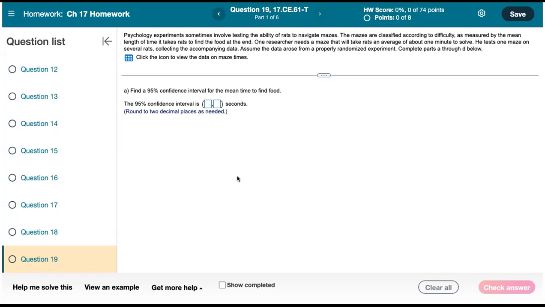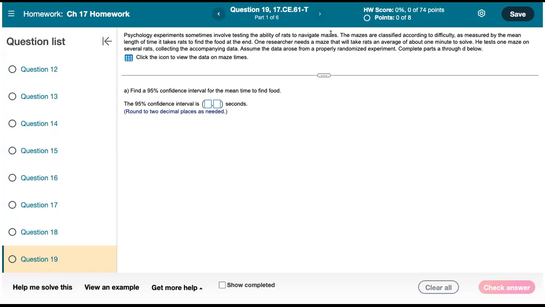So we are told that psychology experiments sometimes involve testing the daily ability of rats to navigate mazes, as measured by the length of time it takes for them to find the food at the end.